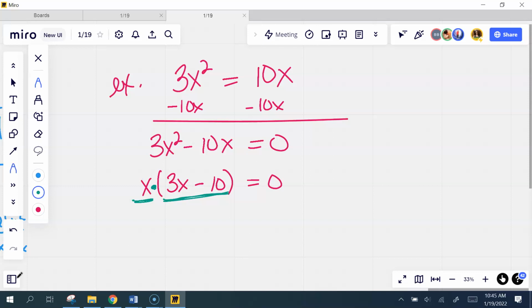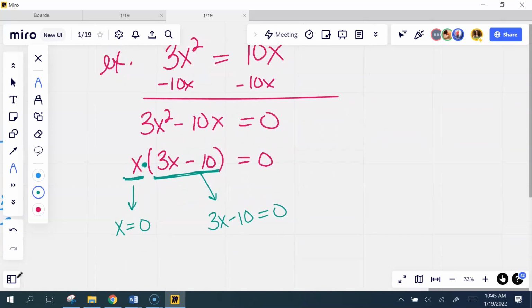Well, here's the first thing. So either that's going to equal 0, or this is going to equal 0. Well, this one, luckily, is already solved for x. So now that just leaves one linear term that I have to solve for x.